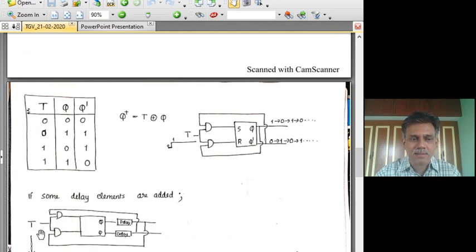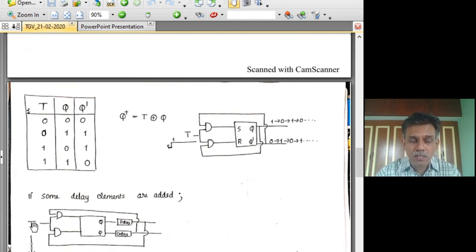Once a pulse is given to the T input, the gate opens. Of course, the time taken is the propagation delay of the AND gate, and it will be available at the S and R input of this SR latch, and after a propagation delay of these two NOR gates, it will affect Q and Q bar.